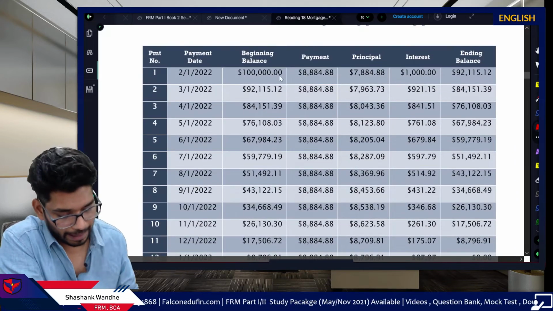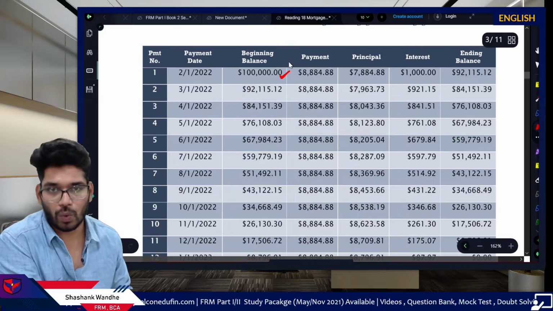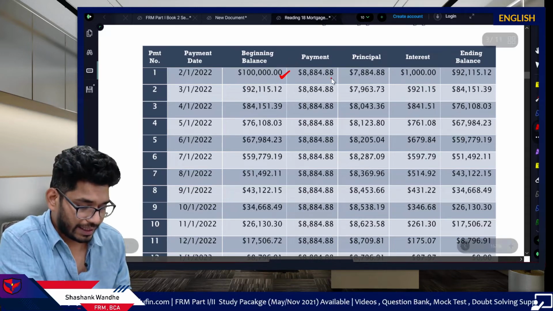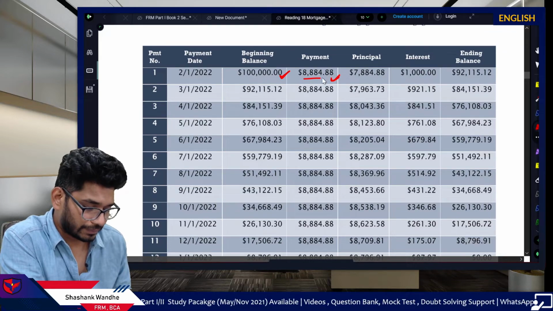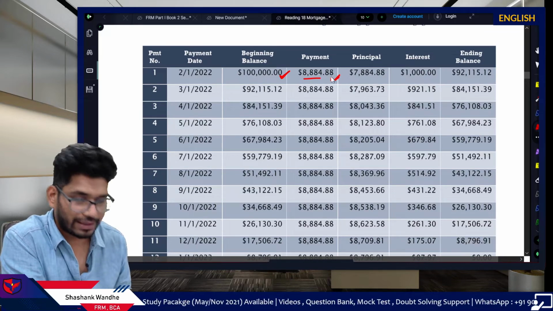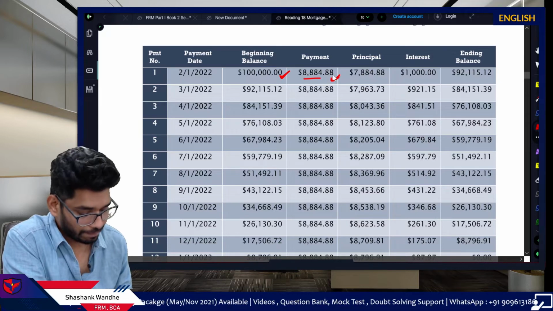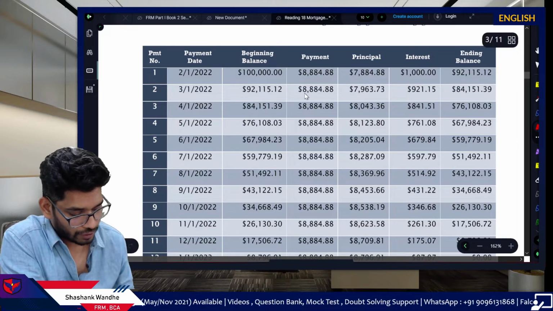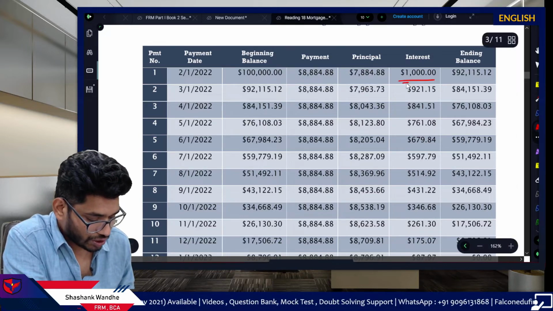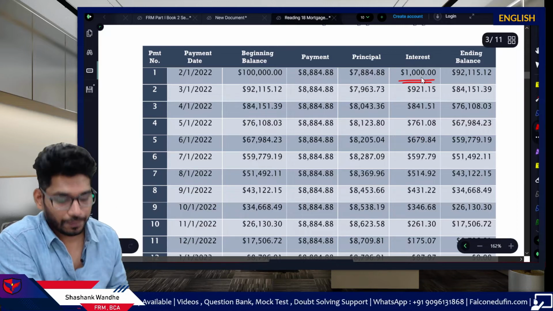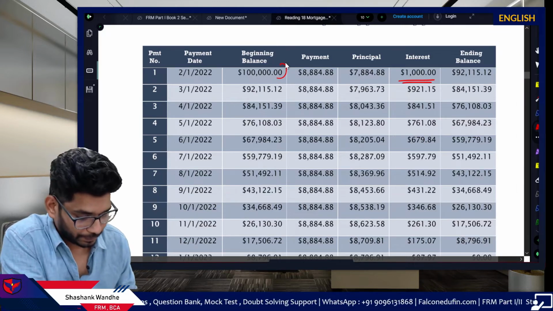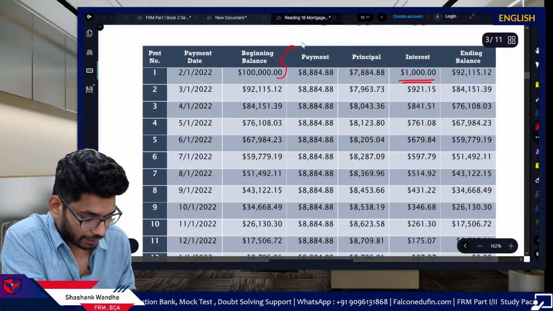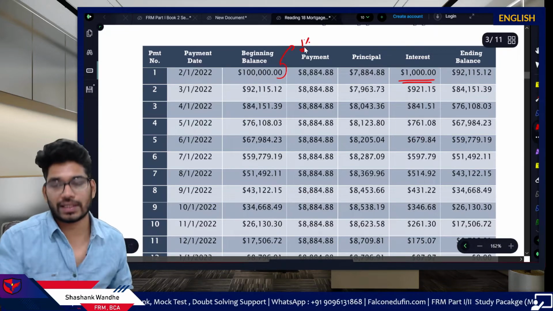Now let's see how this schedule works. So this is your beginning balance, which is $1 lakh, and this is the EMI, right? 8,884.88. Okay. So first, this gets adjusted for the interest. And how? So the bank provided you a $1 lakh loan. On this 1 lakh, 1% interest.